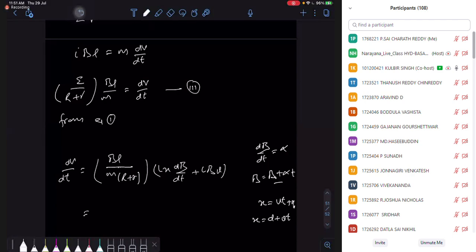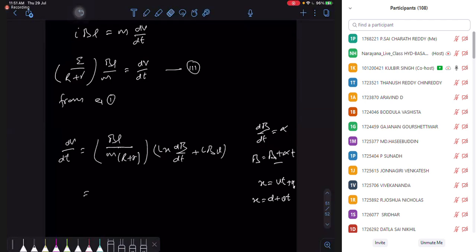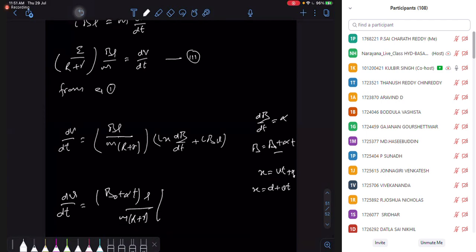It has turned into a very complicated equation: B naught plus alpha t, L by (R plus L), where X is d plus Vt, dB by dt is alpha, and LB is B naught plus alpha t, into V.